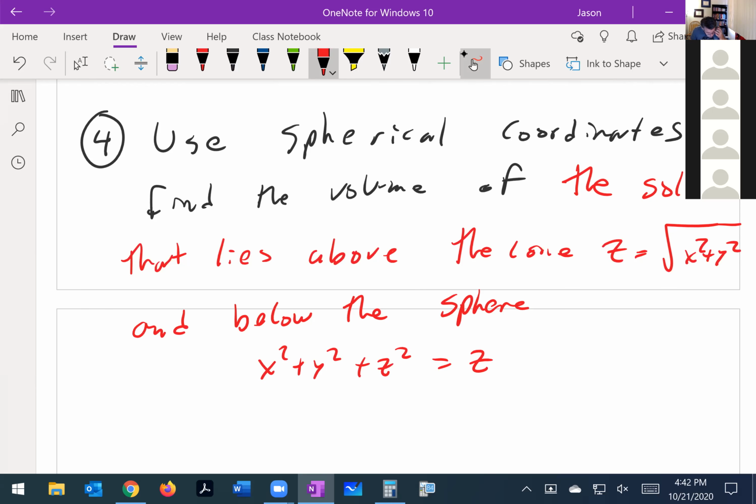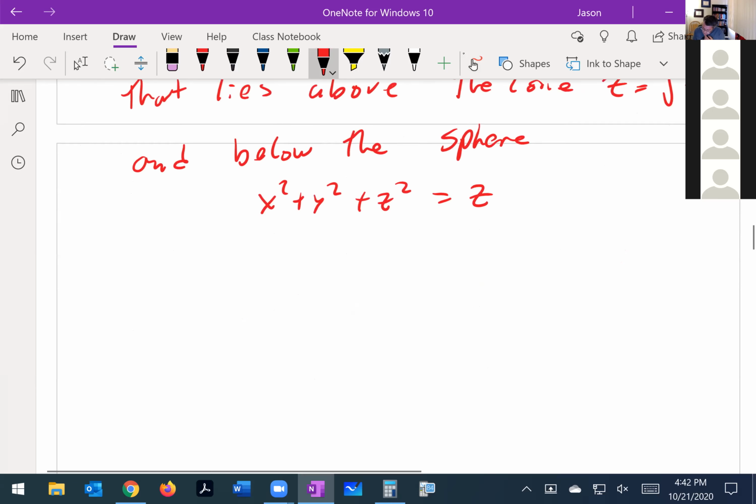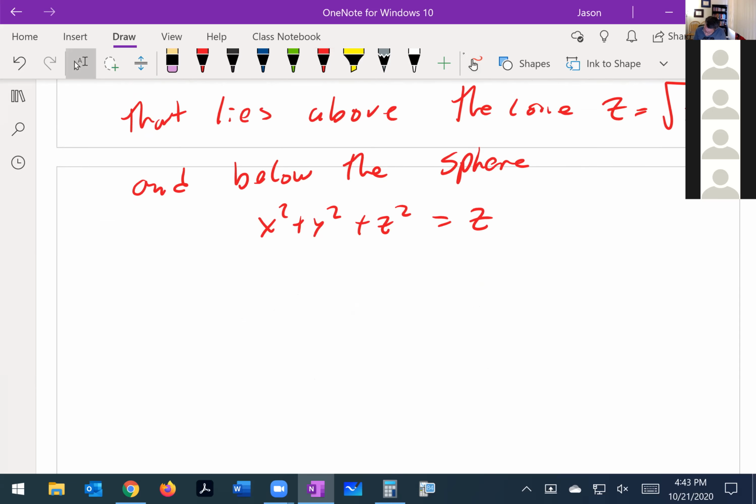Z squared equals z. So what the heck is this thing going to look like? We have this sphere and this cone, z equals the square root of x squared plus y squared. Let's see if we can draw this thing. Let's focus on the sphere first. What happens when x and y are 0? So let x equals 0 and y equals 0.